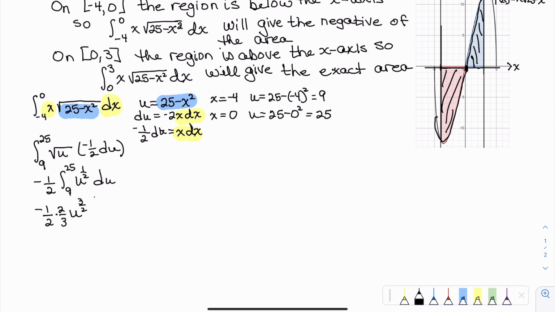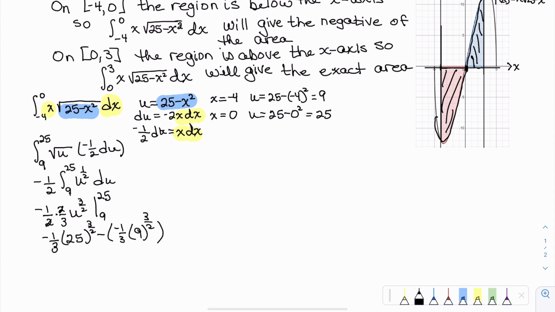And we are going to evaluate that from 9 to 25. Common factors of 2 remove. I have a -1/3 times 25 to the 3/2 minus a negative 1/3 times 9 to the 3/2.